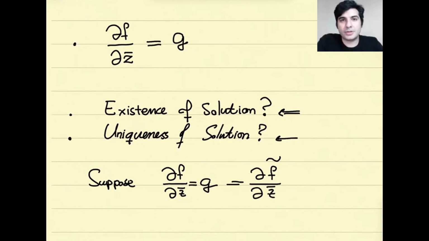So in other words, suppose there are two solutions. What can we say about f and f tilde? It may be like the real case, where f tilde is f plus a constant, like the plus c coming out of the integral. Maybe something like that is correct. So we should see that. The point is that as soon as we have this equation, it means these two terms are equal.